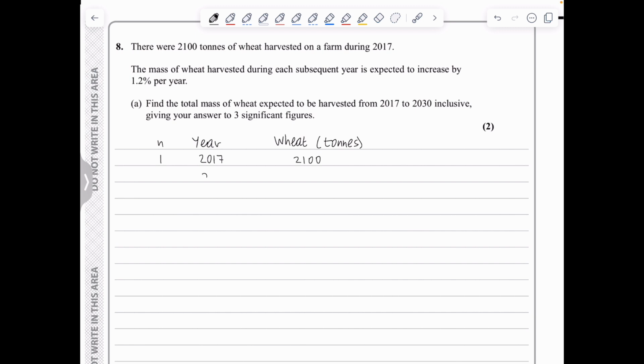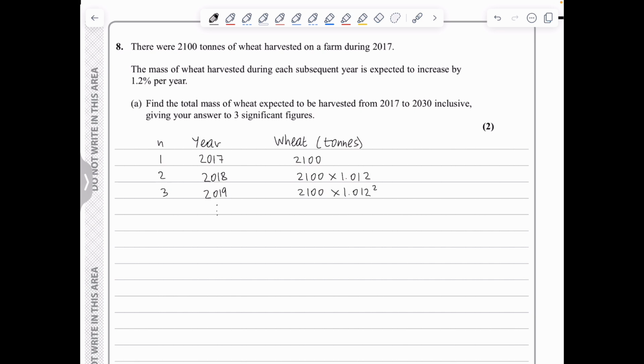In 2018, which is N is 2, we had 2,100 times 1.012, which is the multiplying factor associated with an increase of 1.2%. Then in 2019, that's N is 3, is 2,100 times 1.012 squared.